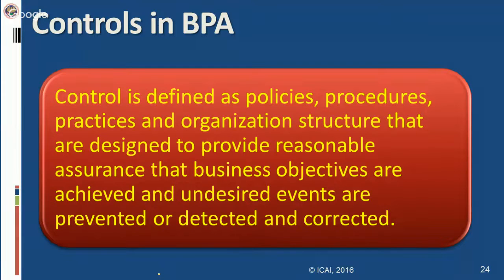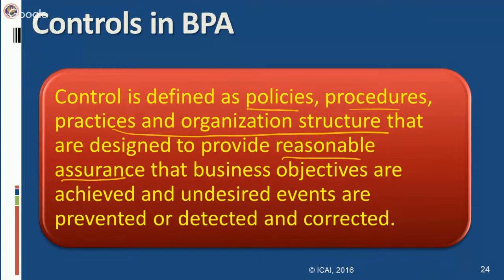So how do we define control? A control is defined as policies, procedures, practices, and organization structure that are designed to provide reasonable assurance. So the word here is reasonable assurance. That means they are not foolproof.